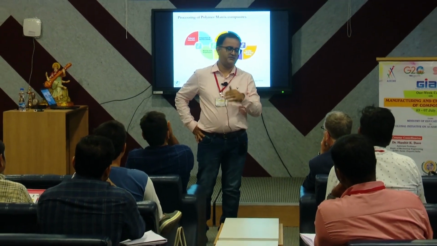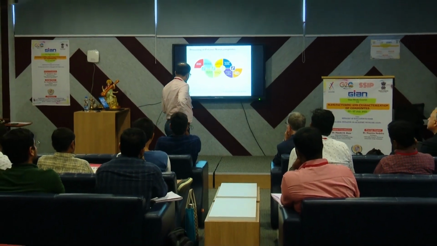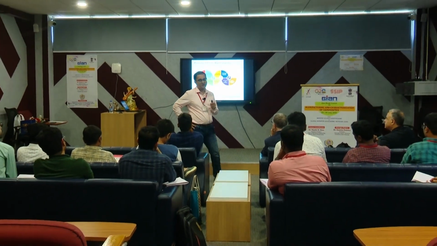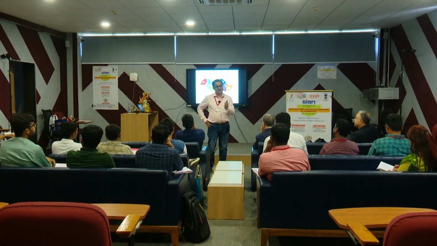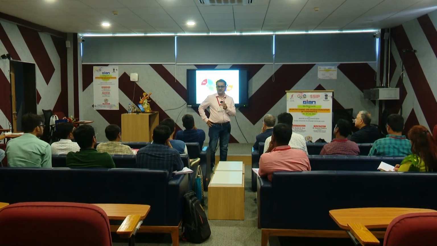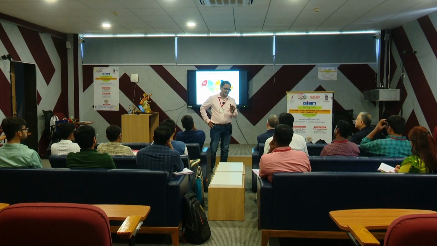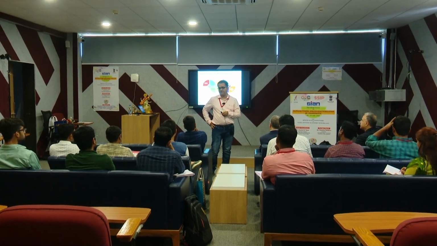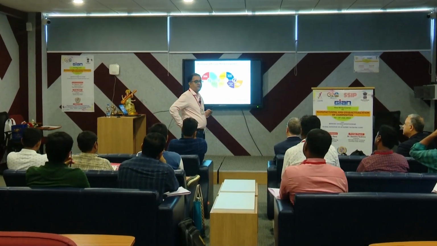So, that discussion will go into mixing and dispersion, which is very important. Otherwise, especially when these resins are too viscous, the dispersion of the particles or the fibers is always a critical task. So, this comes into the picture.